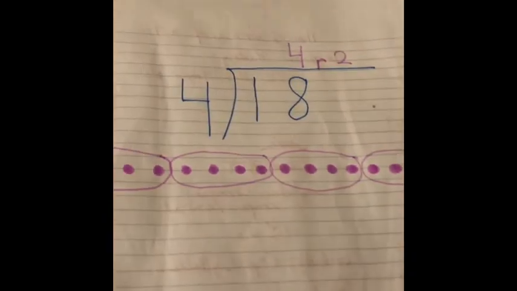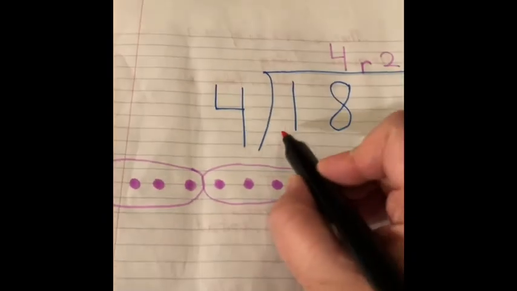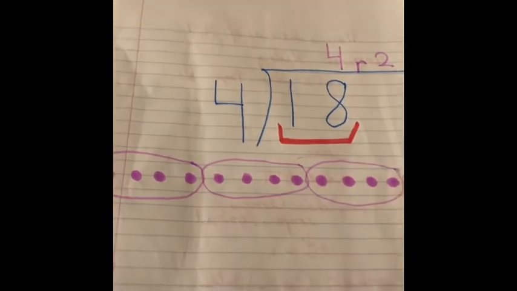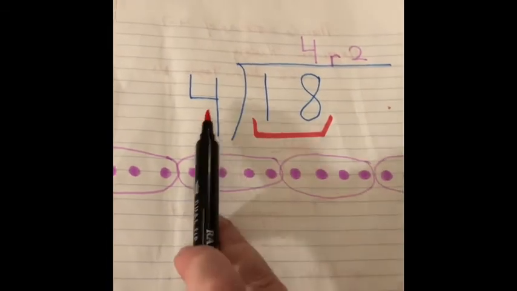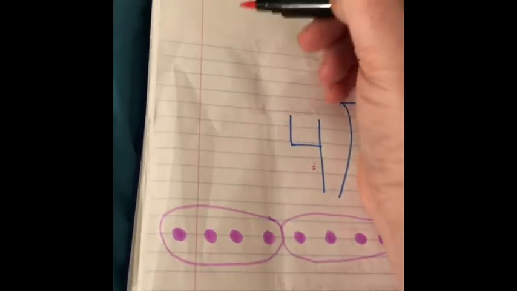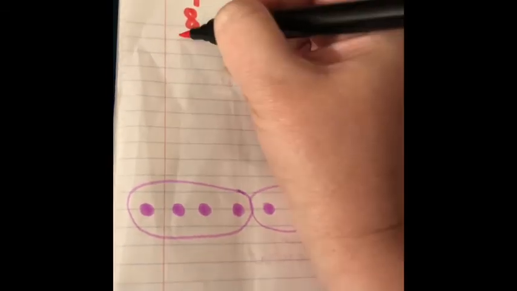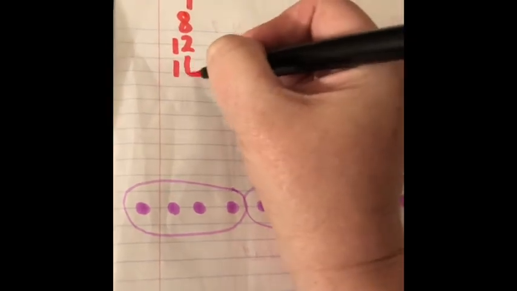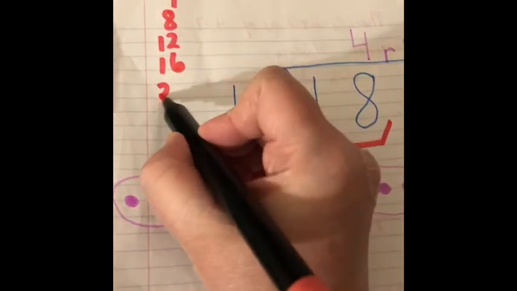So if I did this skip counting style, 18 is my target, and I'm walking to it 4 steps at a time. So we would skip count by 4s. 4, 8, 12, 16, 20.